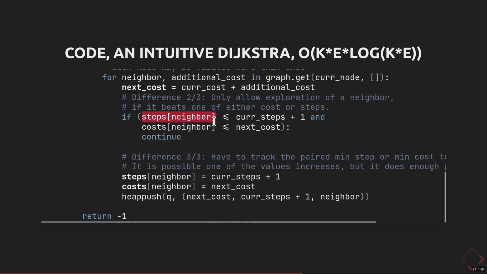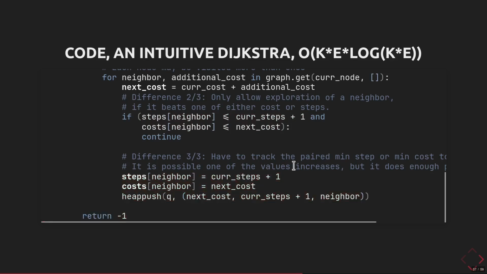So more concretely, maybe the next cost might be greater or equal to the cost of a neighbor that we've considered before, but its steps might actually be less. So if one of these expressions, the first expression for steps, the second expression for costs, is false, then maybe we should consider it, okay?